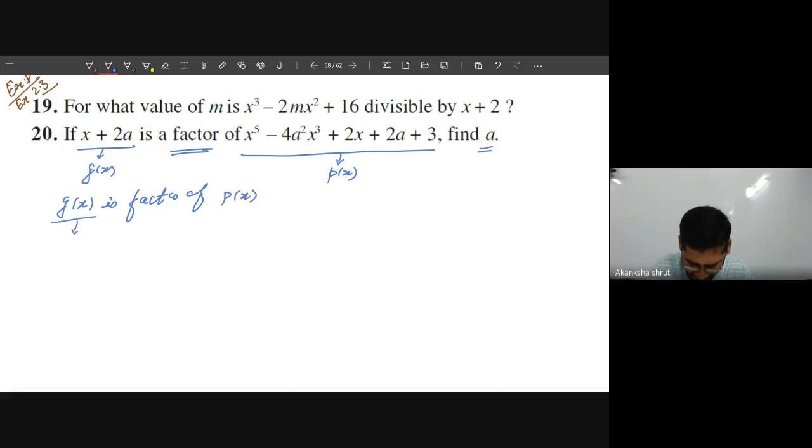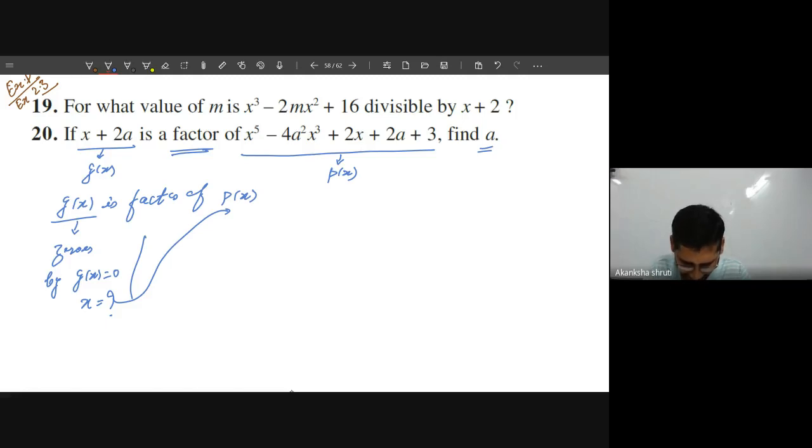You have to find the zeros of this. How to find these zeros? By equating this g of x equal to 0. From here you will calculate the value of x. This value of x you have to substitute here to calculate p of x. It is given that p of x is also 0.